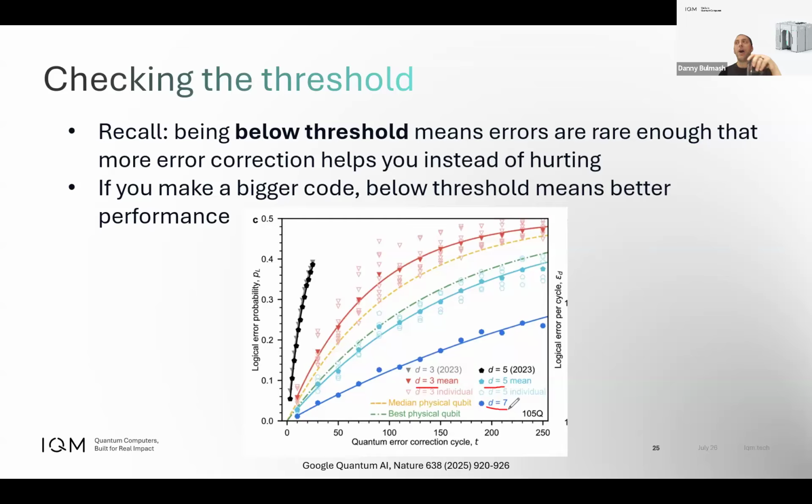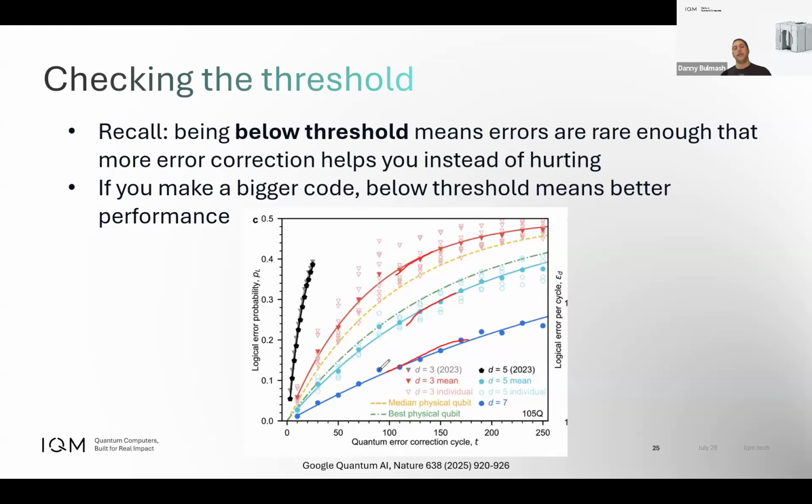Now, no matter how good you are at catching errors, if you wait longer before decoding, more errors are going to happen. So the fact that this slopes upward is just saying that if you wait longer, more errors happen. That always is true, whether you correct the errors or not. So the trend that you're looking for is going from the red plot to the light blue plot to the dark blue plot.